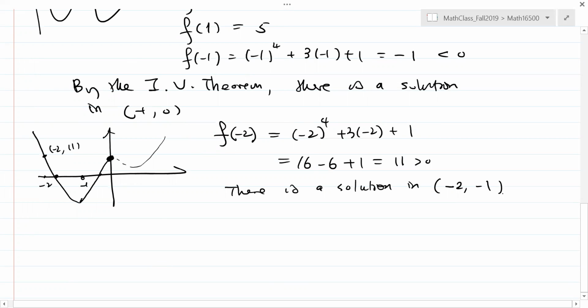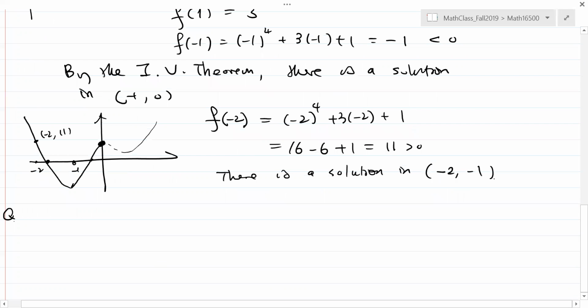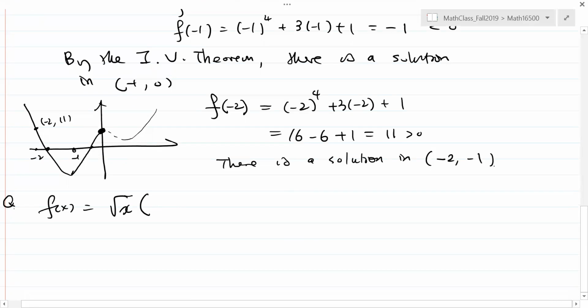All right. So now let's take a look at the next problem. We want to study this function, square root of x times (a minus x), where a is any number. I just put a here.